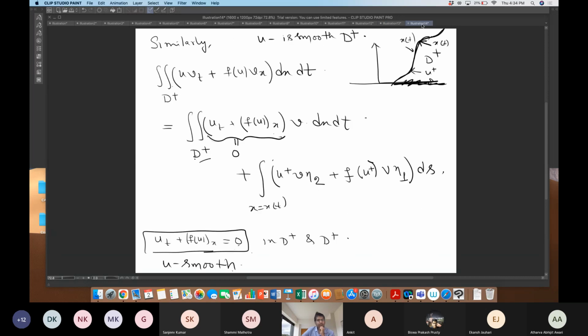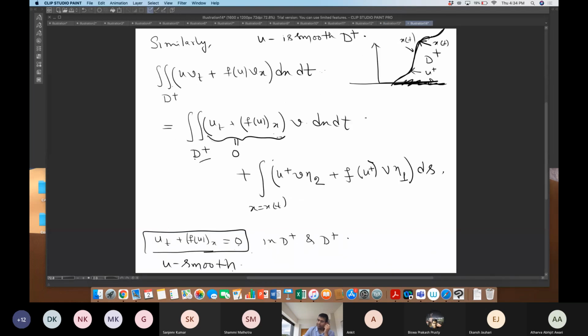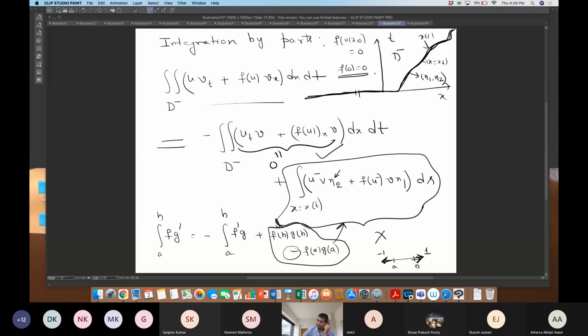So what will happen? And also it satisfies this equation. So what will I get? This part should be equal to this part. Agreed or not? U is a weak solution, so this part is 0. This part is 0.